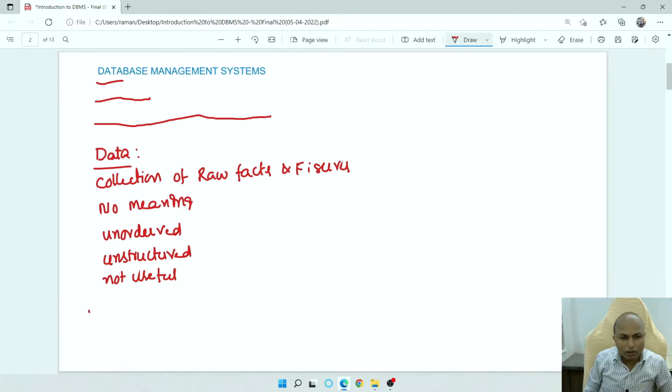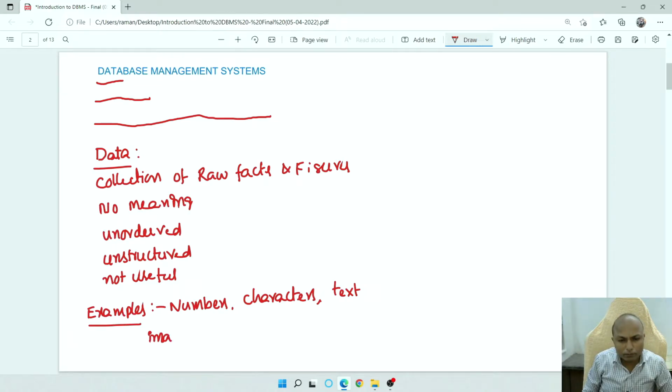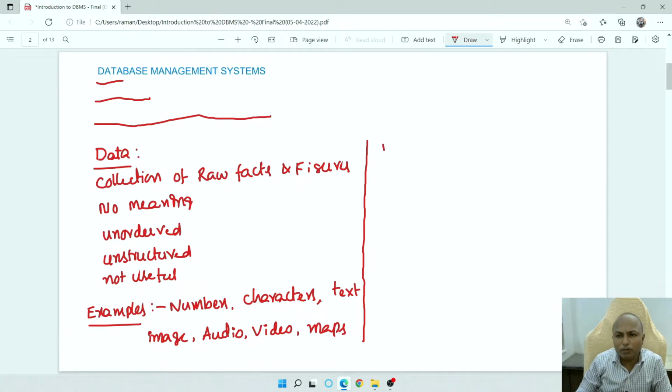We will see the examples of data. Numbers, characters, text, image, audio data, video data, maps, etc.